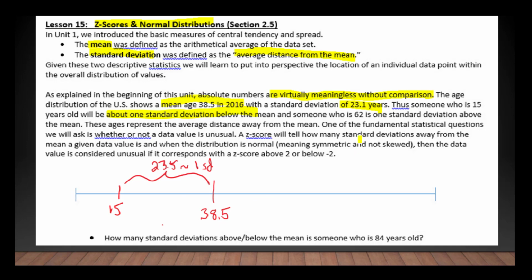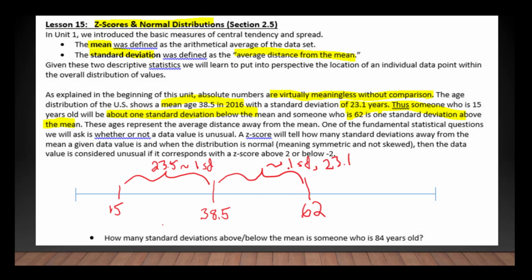Now, somebody that is 62 is 1 standard deviation above the mean. So let's put that in. Somebody who is 62 is roughly 1 standard deviation, which is 23.1 years above the mean.